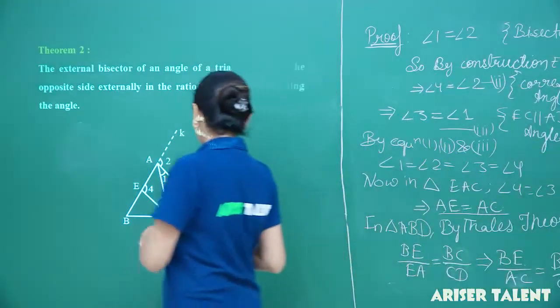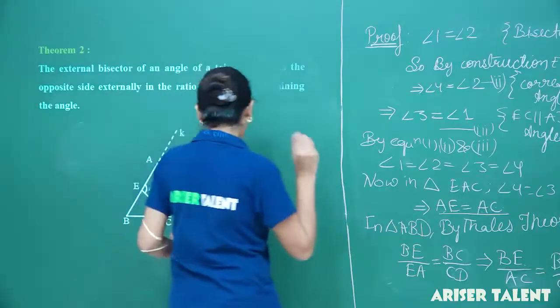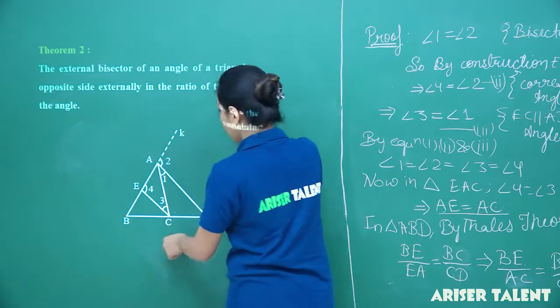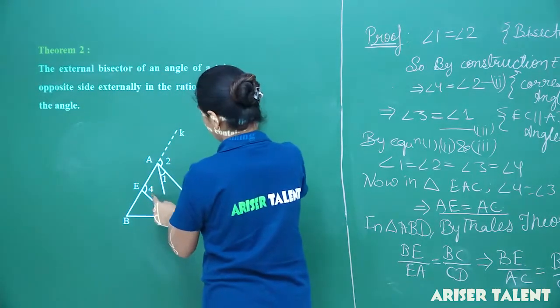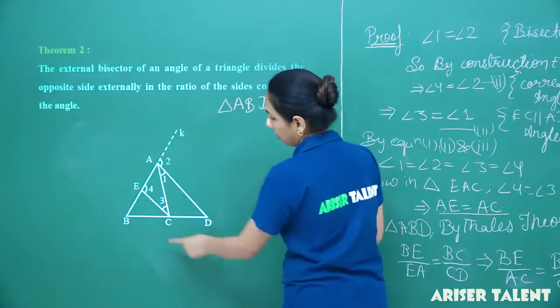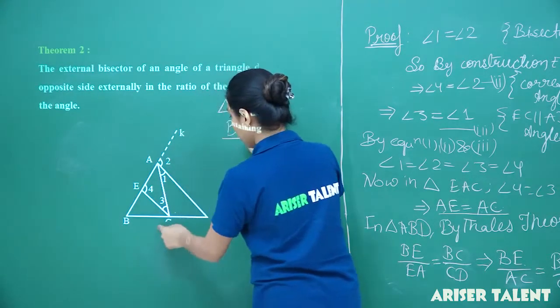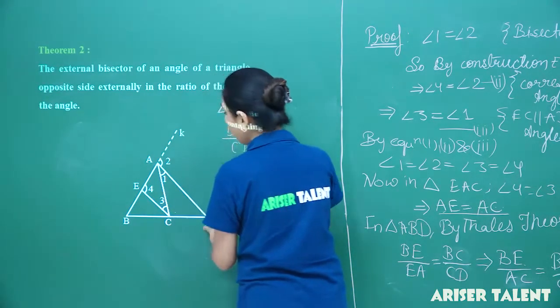Okay, so we can apply the corollary of this theorem. So in triangle ABD, this BD by this CD will be equal to what?